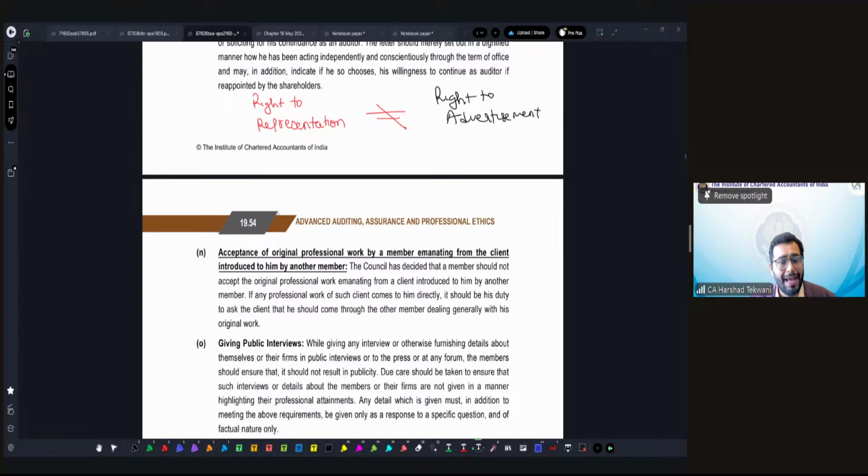Usually you should not accept this original professional work from this client directly, unless it is routed through that particular member. You need to ask the other member whether you should accept or not, and only then accept. That means you should not poach the clients.